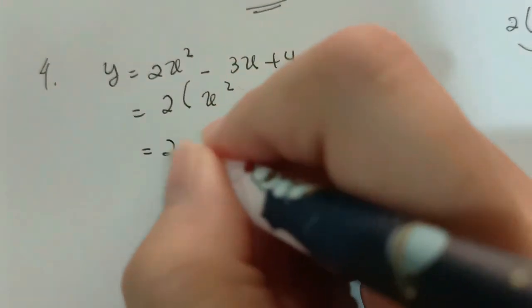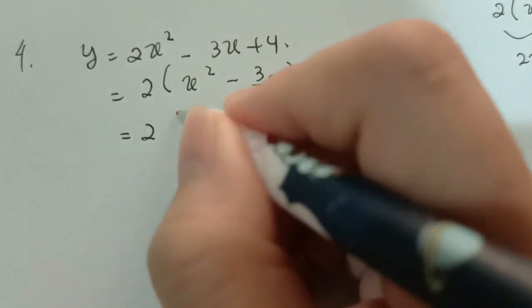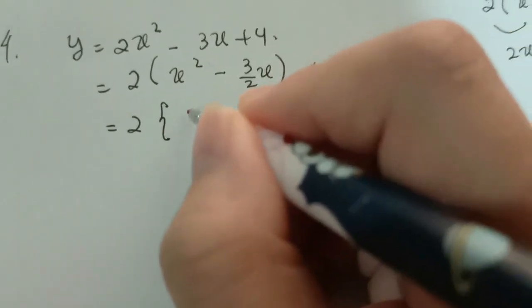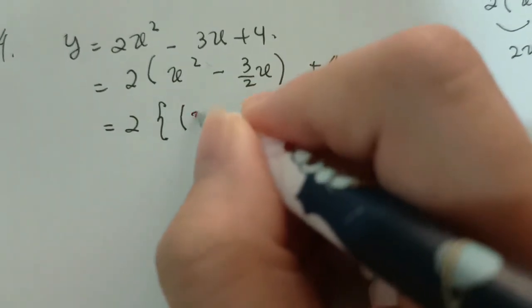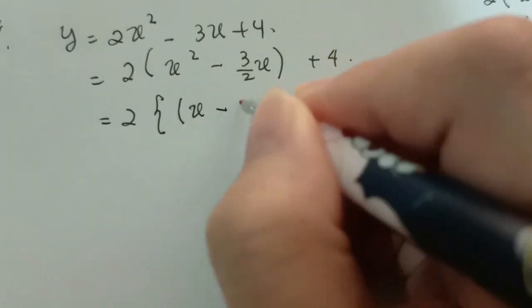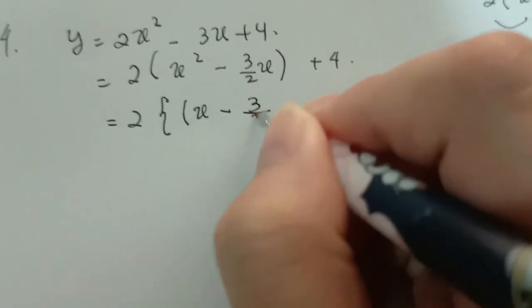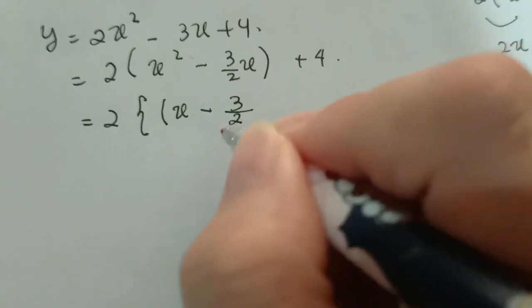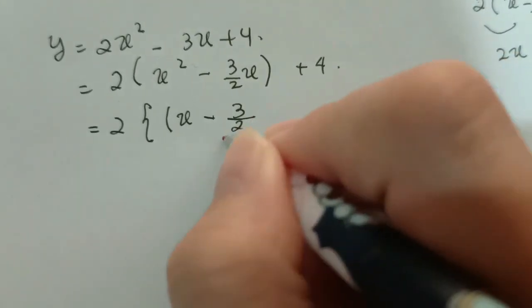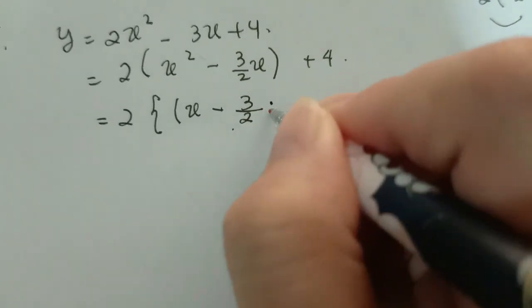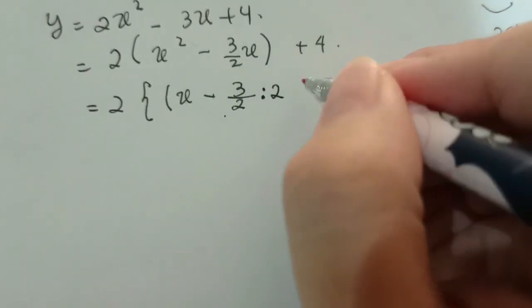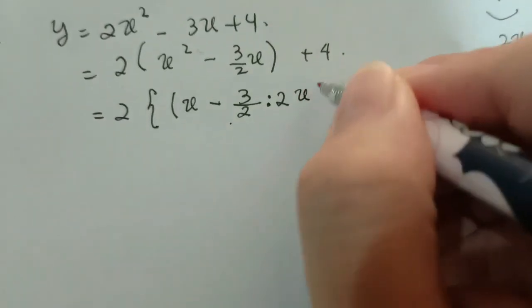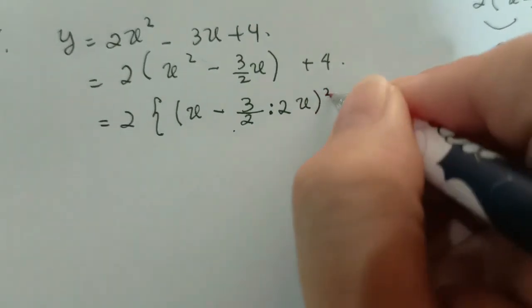2 in the bracket, x minus 3 per 2, divide with 2, x quadrat.